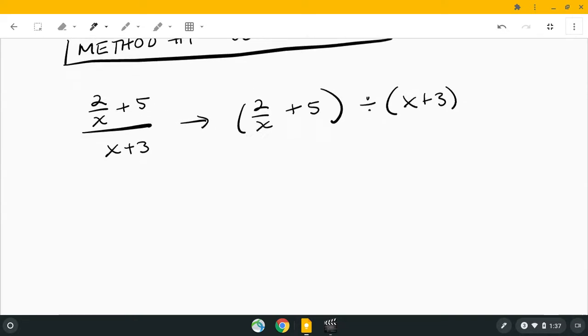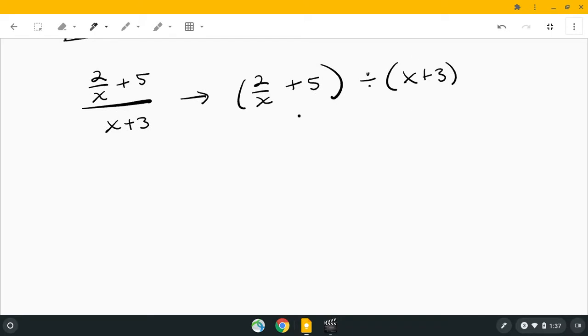Now this becomes an addition problem in here. I can put that 5 over 1. My LCD is x. So this is 2 over x plus, and I have to multiply that by x over x, so I get 5x over x. Now they have the same denominator.